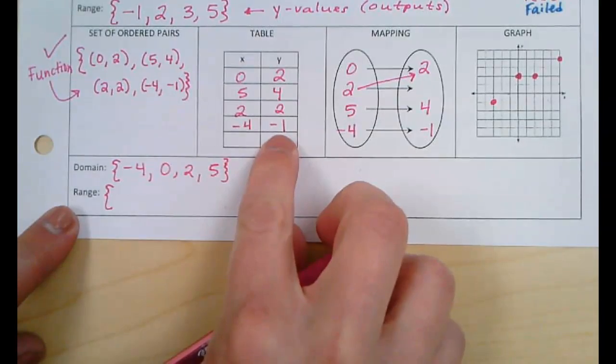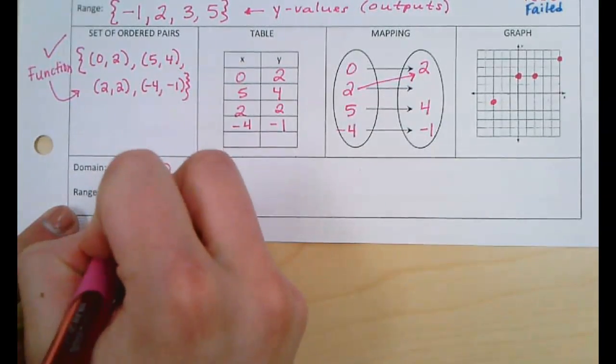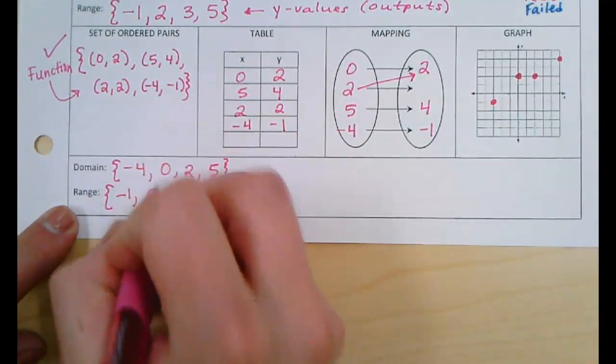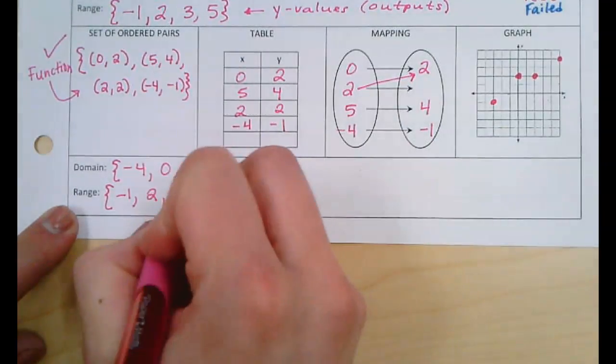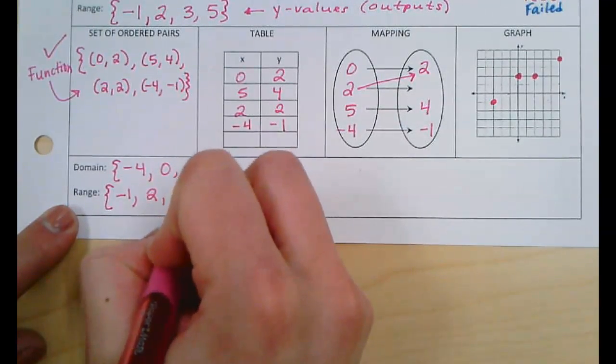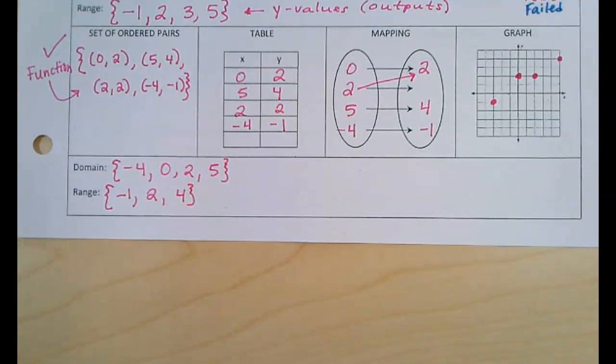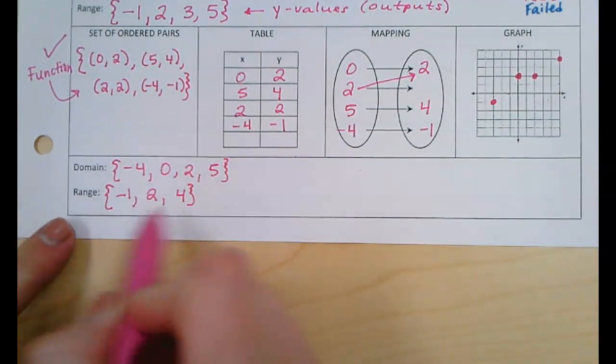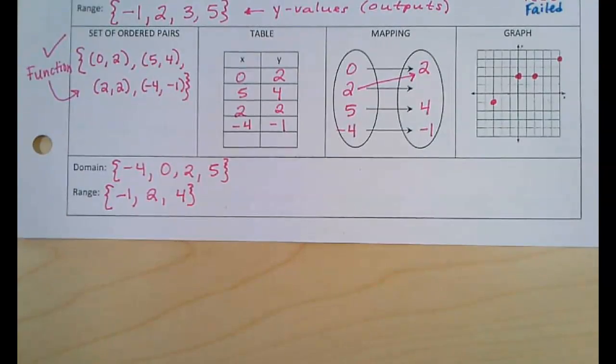So starting with my y values, -1, 2, you do not have to repeat 2, and 4. All right, so hopefully you're getting a better understanding of what a relation is, what a function is, and how to write out roster notation.